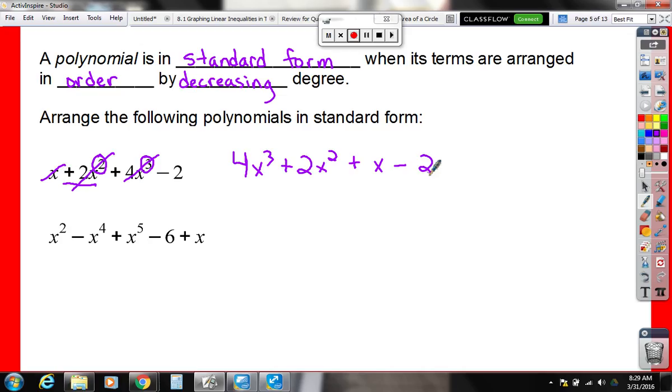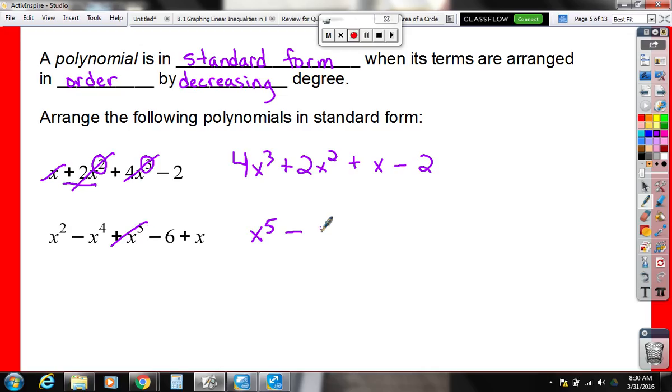Okay, let's try this one. Let's see. Courtney, what would I put first as my first term for this one? Good, x to the 5th. Damien, what would I put next? Would it be a 4 with negative something? It would be negative, good. Or x2? Negative. No, we do still just look at the exponent. So this would be next, but because it's negative, we write it as a negative.